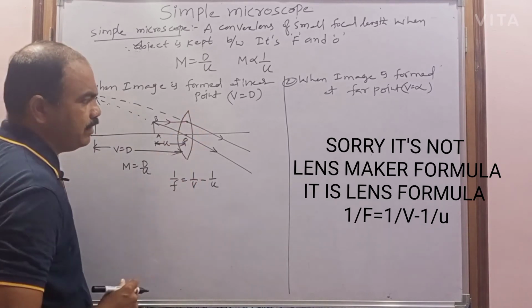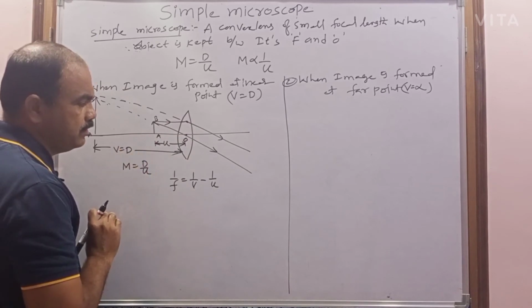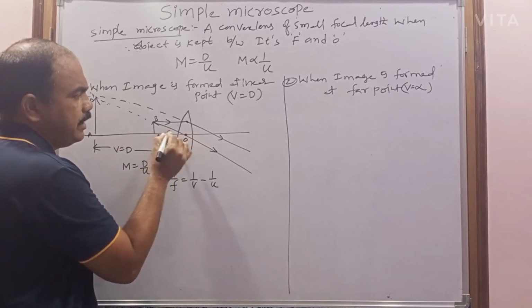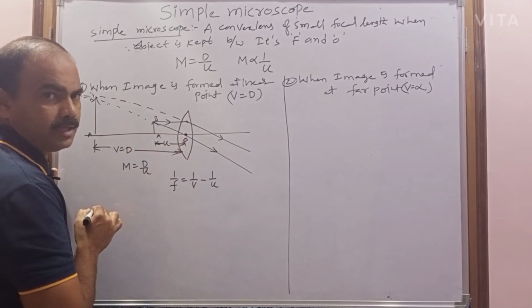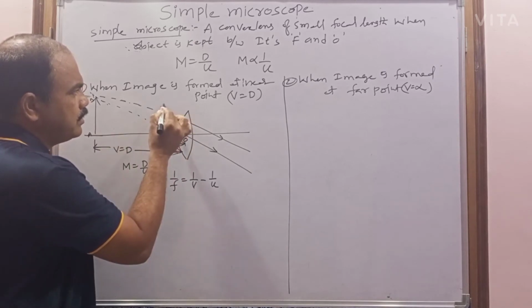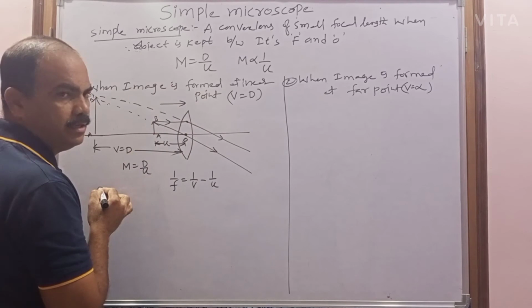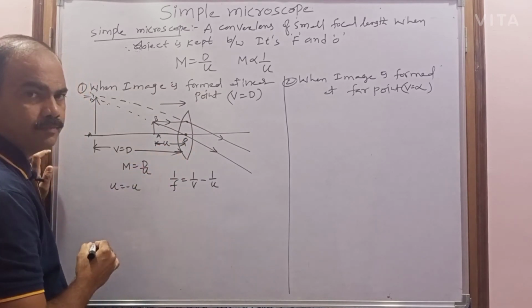The focal length of a convex lens is always positive. Now if we apply the sign convention, all distances are measured from the optic center. When we measure the distance from the optic center to the object, we move opposite to the incident ray direction, so u is equal to minus u.